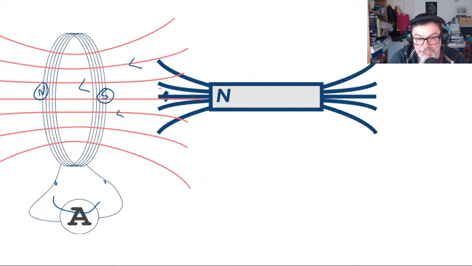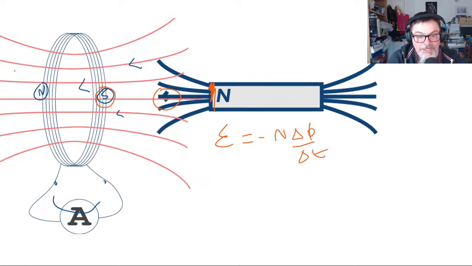And if they attract each other, the net result of that is there'll be an increased force on our magnet, and that will mean that the magnet will be pulled in, which means that the magnet will accelerate, which in turn means that the rate of change of flux will increase inside our coil, which means that the EMF and hence the current in the coil will increase. Can you see where we're going with this? And that in turn means that the magnetic field, the pink lines, will increase and move closer together.